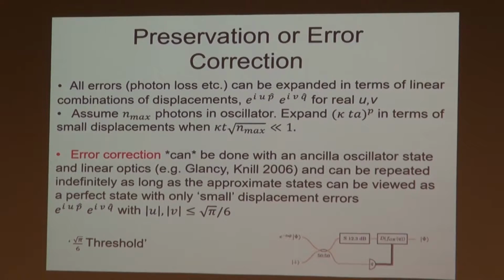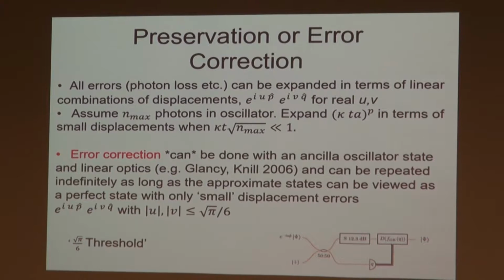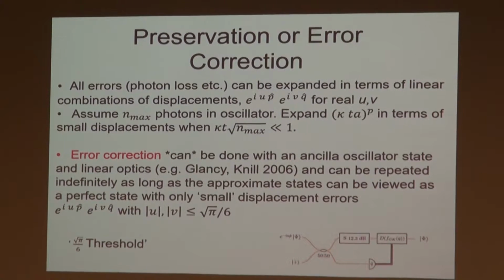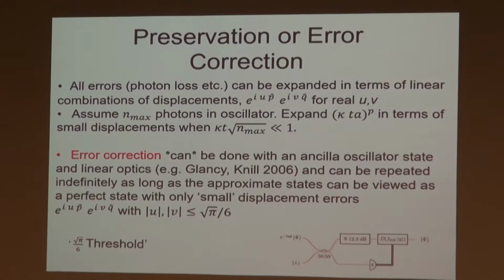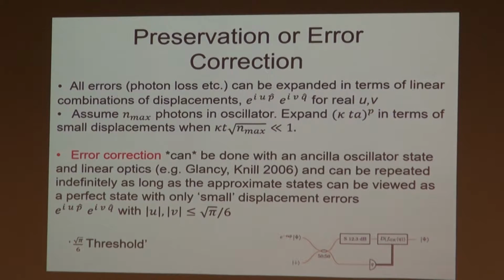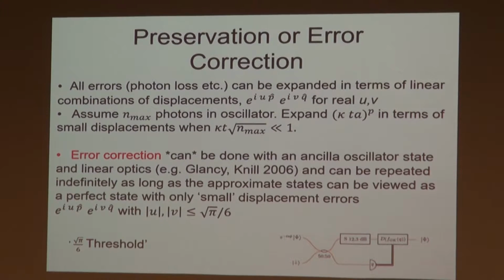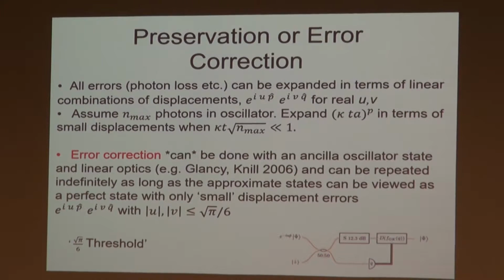It is related to the fact that the code can only correct against small displacements. It's kind of like saying that if I have many qubits and I put them in an error correction code, I can correct against a few errors, not against arbitrary errors, maybe one error. And here, I can only correct against small displacements. And the question is, is that a good set of errors?